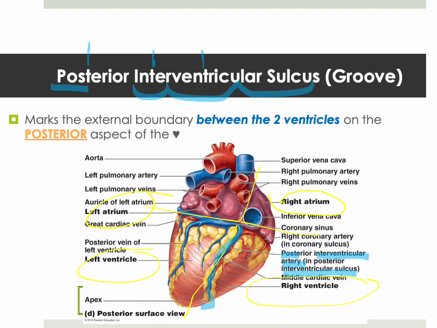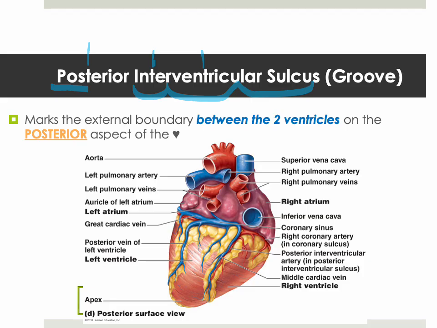The things you need to remember from this is, one, that those sulci are kind of landmarks that divide some areas, okay? So we have a right sulcus that is going to divide the right atrium from the right ventricle, right? And where the right coronary artery is. A left sulcus where the left coronary artery is, that is dividing the left atrium, I repeat that, left atrium from left ventricle, okay?